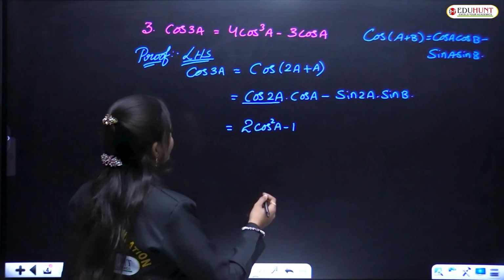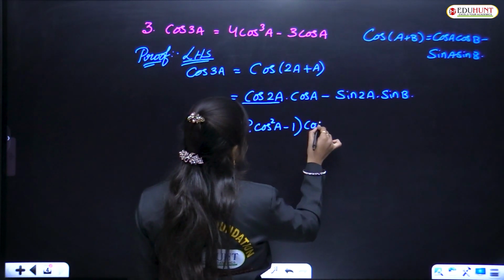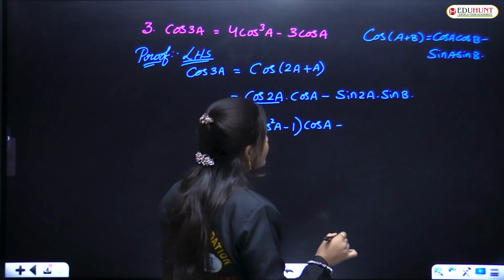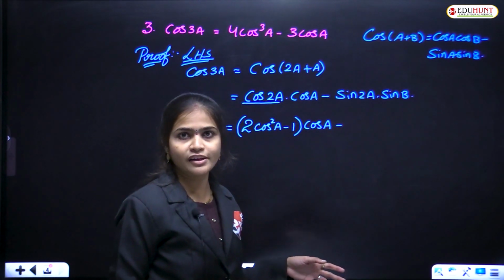So (2 cos square A minus 1) into cos A minus sin 2A. Sin 2A in terms of cos, we don't have any formula, right?